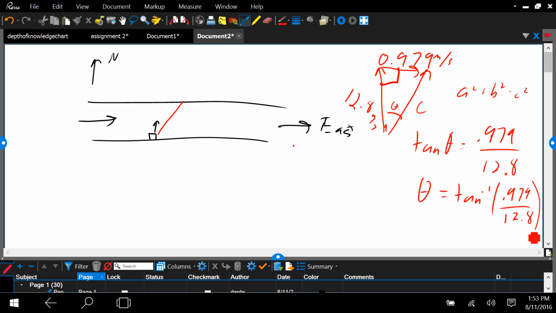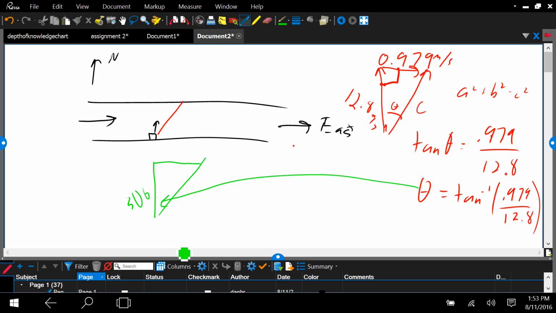I also want us to say that you could form a similar triangle here. So if I change colors, I could also form a similar triangle, and I could say, hey, you know what? If I know that it is 306 meters across, okay, then I could form a similar triangle with the exact same angles. And whatever angle I solve for in the velocity triangle, it's got to be the same angle right here.